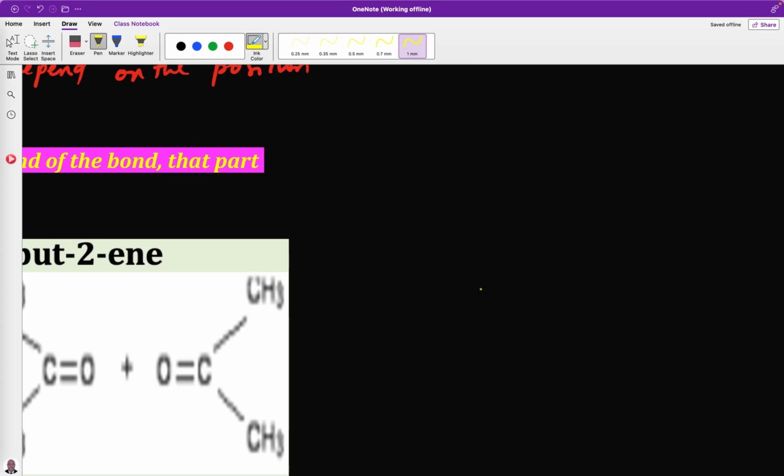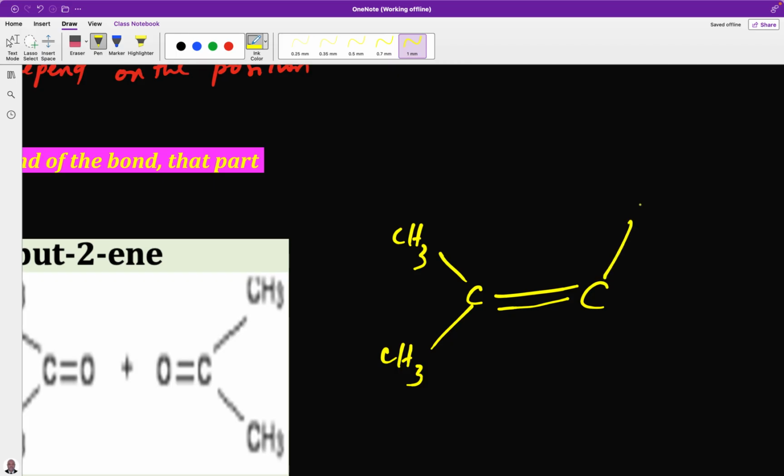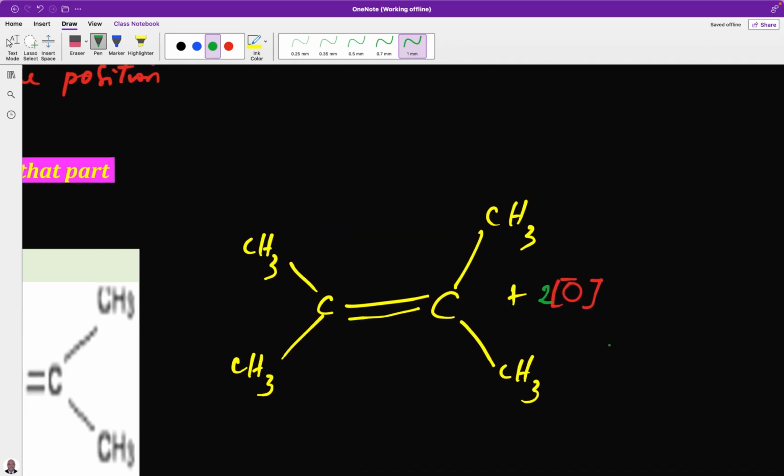It's an oxidation reaction. So what would be the product in this case?